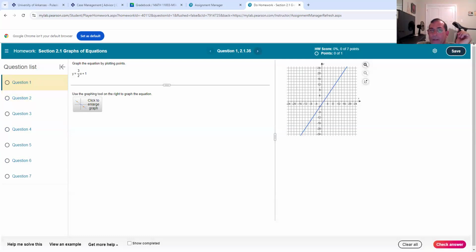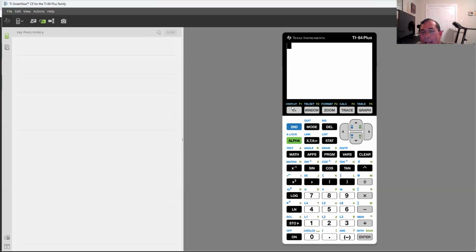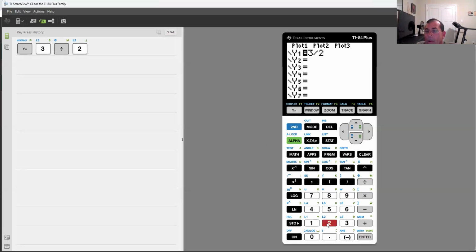Now y'all watch this. I'm going to pull up the calculator for this one just for a second. Now watch this on my TI-84. I can hit this button on the top left that says Y equals. That's the graph and stuff, this top row of buttons. So hit Y equals. We're going to put in our equation. 3/2 would be 3 divided by 2. Now I use this X in the middle that has link above it. I click that button and it'll put the X up for me.